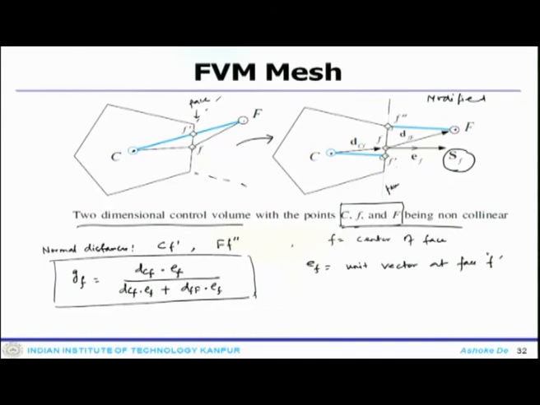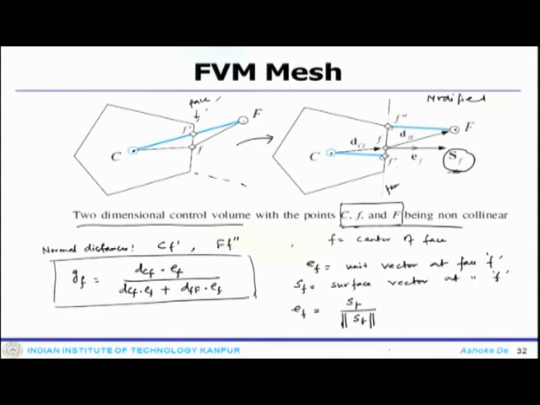Since it is a unit vector, it goes along the surface vector Sf, which is the surface vector at face F. Once you have an estimate of that surface vector Sf, you can estimate Ef equals Sf divided by the magnitude of Sf.